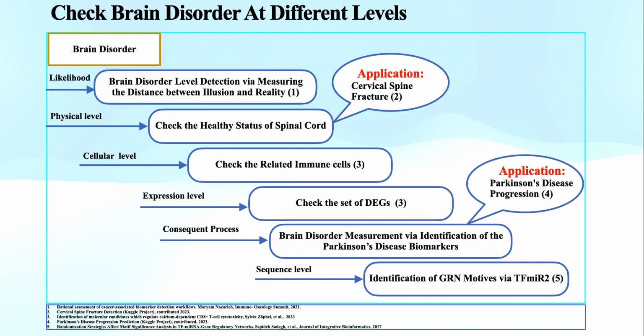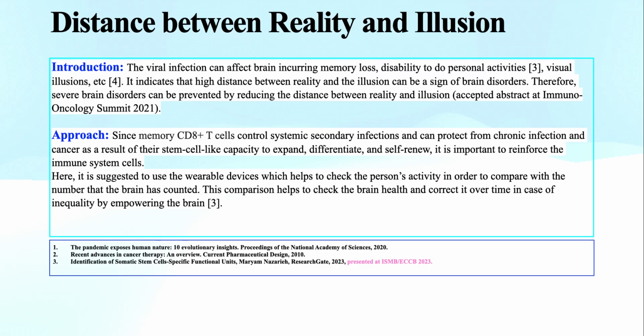One of the effects of virus infection is brain disorder, which can be checked at different levels, starting with likelihood, when the distance between illusion and reality becomes highlighted, and it can be checked also at a sequence level, as I have mentioned here.